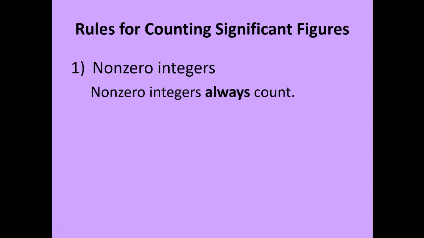There are non-zero digits, which is anything 1 through 9, and then there are zeros. When you're trying to figure out how many significant figures a particular number has, non-zero digits are always going to count. So every non-zero digit you see in a number presented to you is going to be a significant figure.